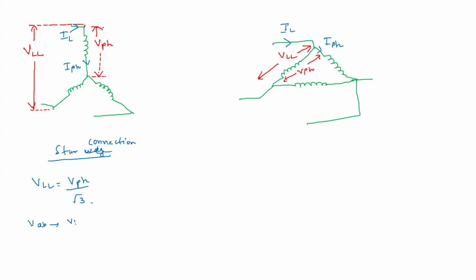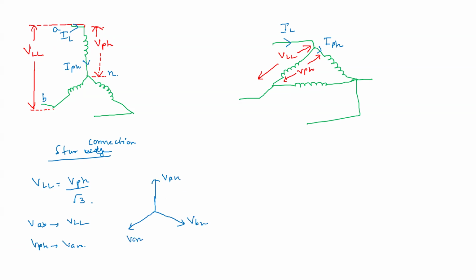VAB is line to line voltage, because this is between A and B phase, and phase voltage is VAN. So V phase is VAN. This is VAN, this is VBN, this is VCN.